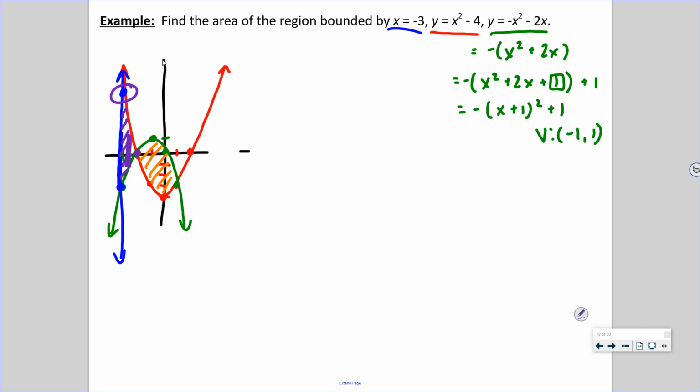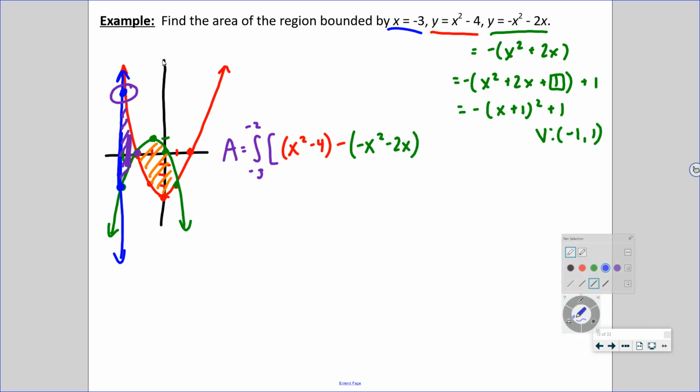Okay. So we have from -3 to -2. This one's the purple region, the top, which is the red, minus the bottom, which is the green, with respect to x.